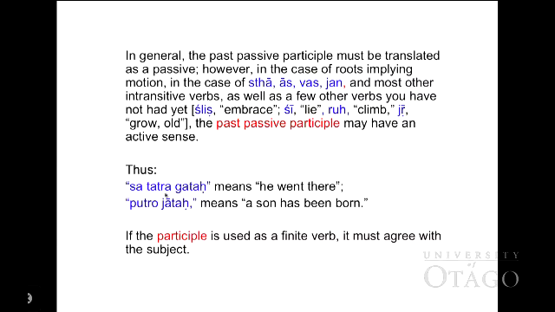So, sa tatra gataḥ means he went there. Putraḥ jātaḥ, a son has been born. If the participle is used as a final verb, it must agree with the subject.